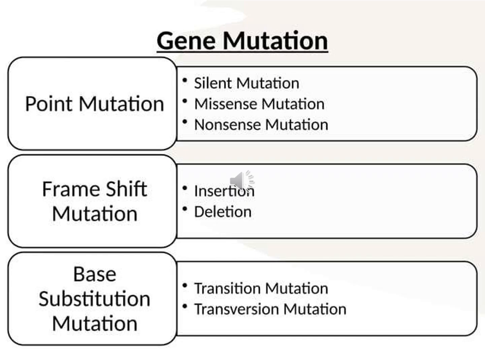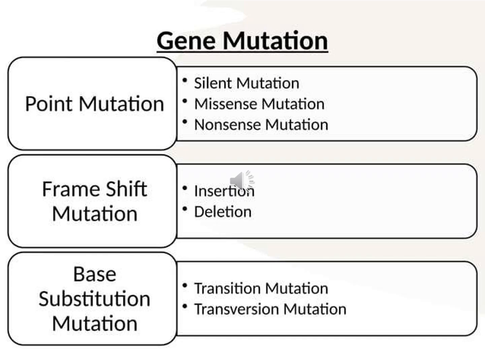Transversion means a purine base may be replaced by a pyrimidine base or vice versa. Point mutation can affect only one codon, and these point mutations are of three types: silent mutation, missense mutation, or nonsense mutation.